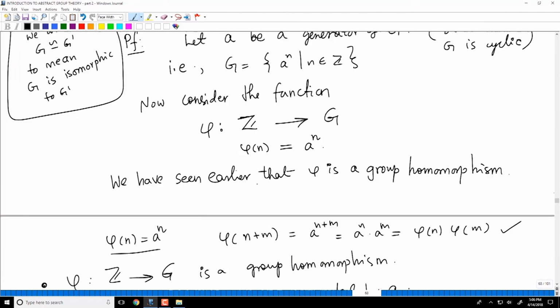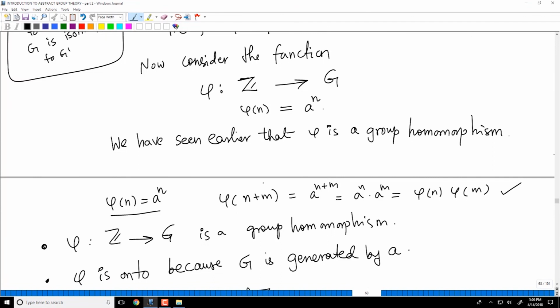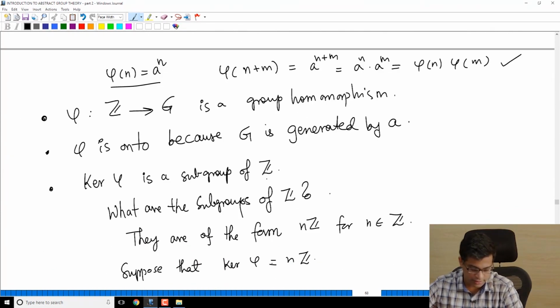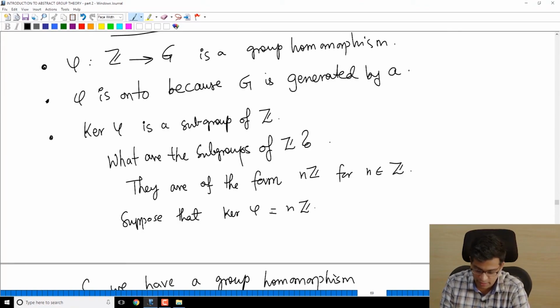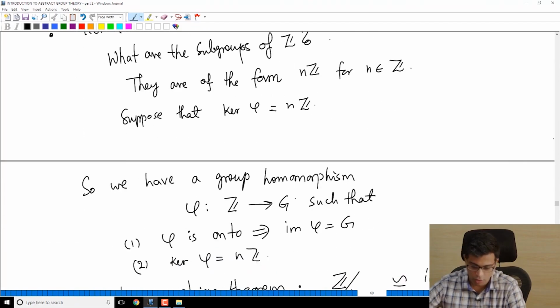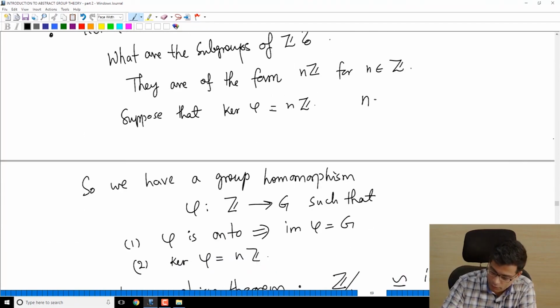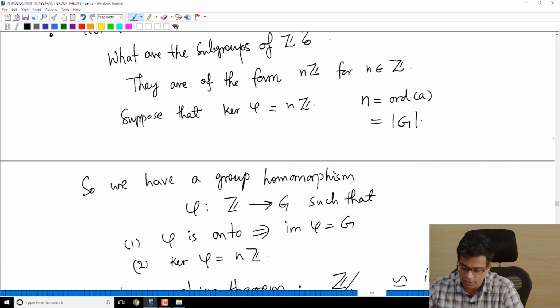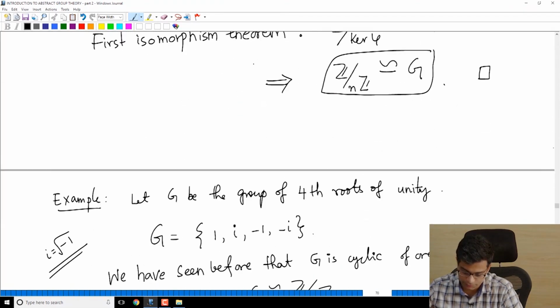Because the kernel will be nZ, a subgroup of Z, but what is that n? It is the least positive integer such that a to the power n is the identity, which is exactly the order of a. Because a generates G, the order of a is the cardinality of G.